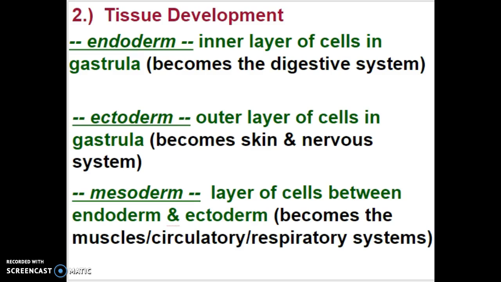And then finally, the middle layer of tissue is called the mesoderm. This is between the inside, or the endoderm, and the outside, or the ectoderm, of the gastrula. The middle layer of cells becomes muscle, circulatory, and respiratory system cells.